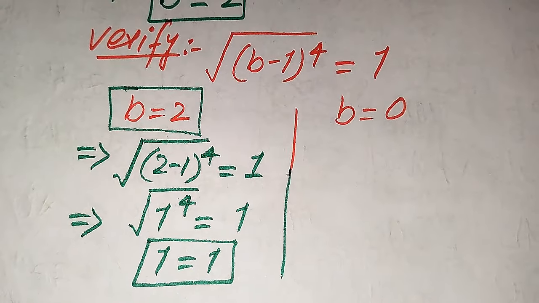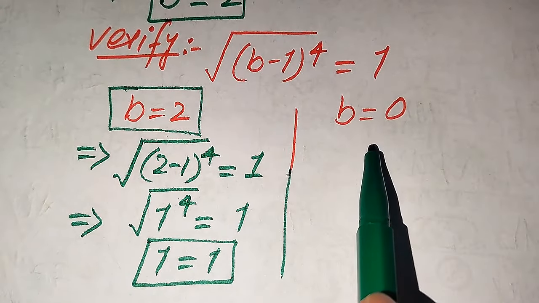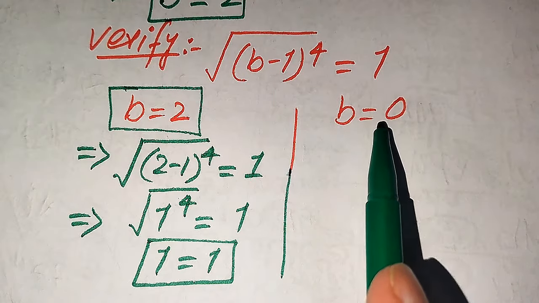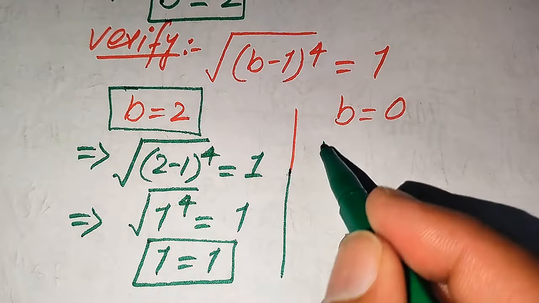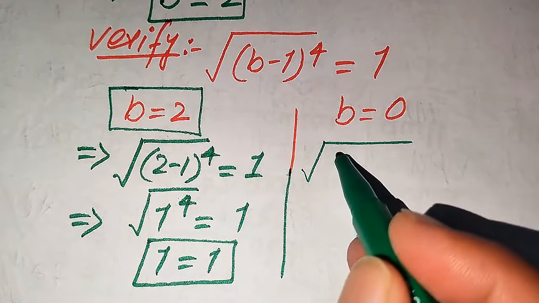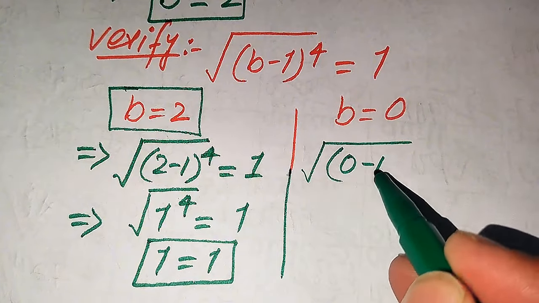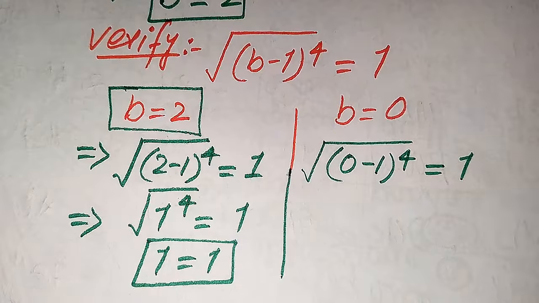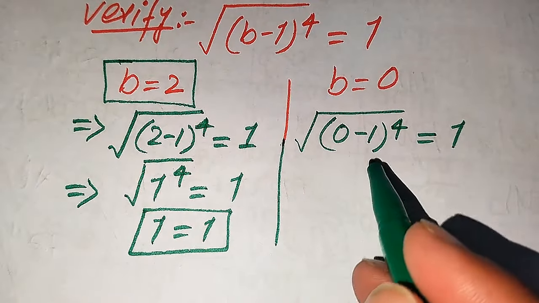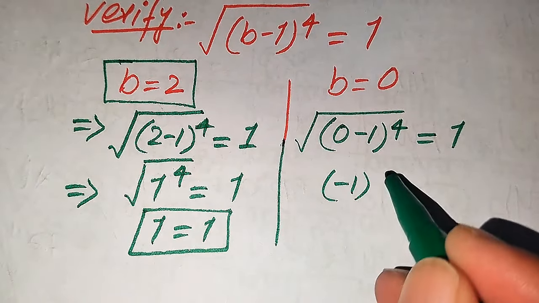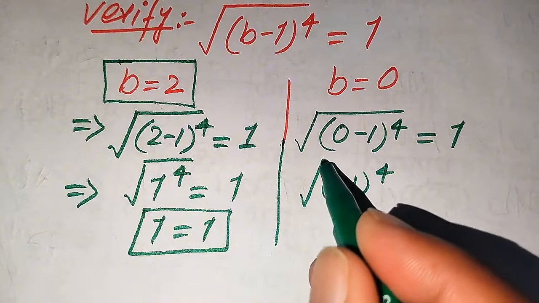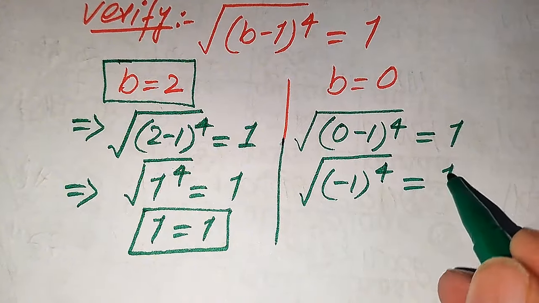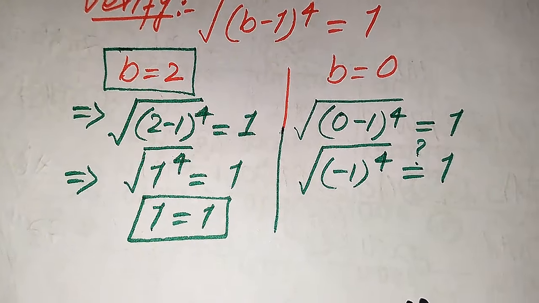And now likewise we need to verify the second root here, and now we substitute b is equal to 0 into the left hand side, and after substituting this, it will be written as 0 minus 1 to the power of 4 and its whole square root is equal to 1. We have 0 minus 1 becomes minus 1 to the power of 4 and its whole square root is equal to 1 or not. This is our claim.